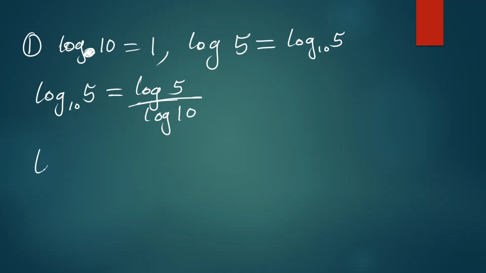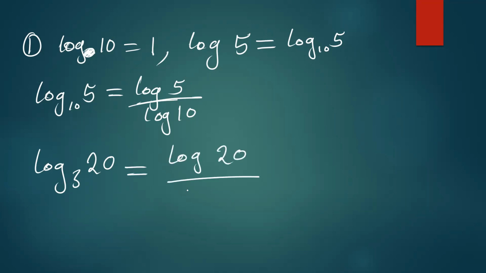If you have log 20 base 3 and you want to convert this to base 2, you simply write log 20 over log 3, and put your new base there. This is exactly what you are supposed to do when changing a logarithm from one base to another.